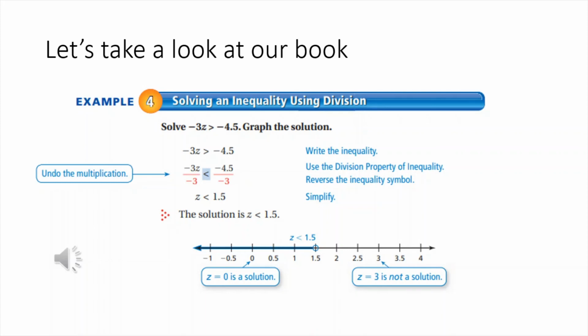Also, the circle at 1.5 needs to be open because our solution was z is less than 1.5. 1.5 is not part of the solution. It is the moment where our solution starts, but it's not included. So if z is less than 1.5, it is everything below 1.5, and to indicate that on a line graph, you shade in everything to the left of your solution.